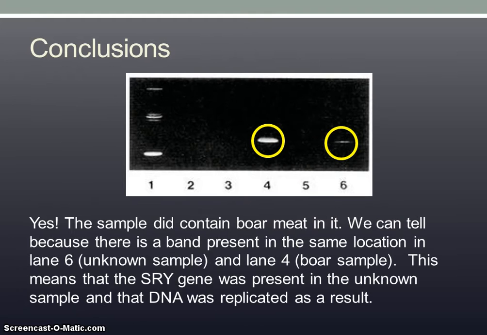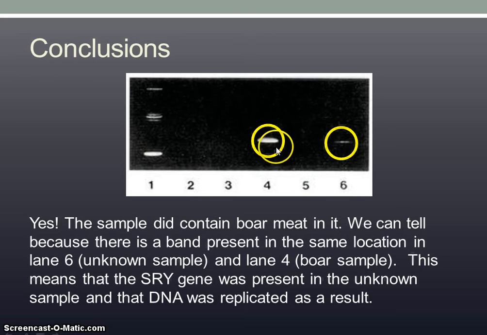So what were we ultimately able to conclude about figure 1? Well, we were able to conclude that the unknown sample, which is located in lane 6, did in fact contain boar meat. We know this because, like I said previously, the bands are both located at 158 base pairs.